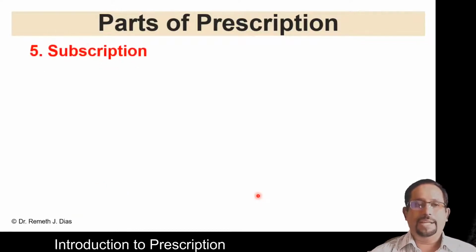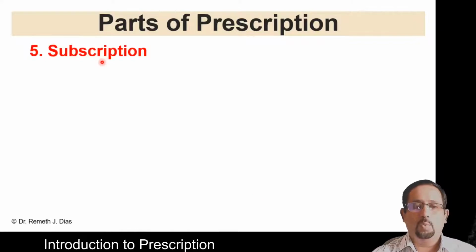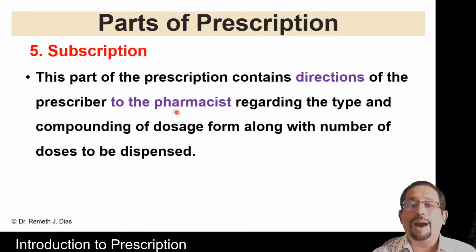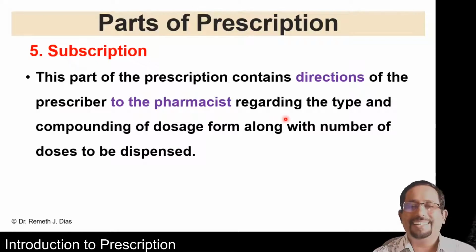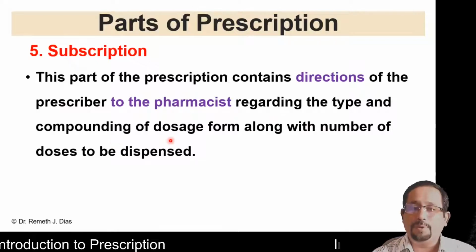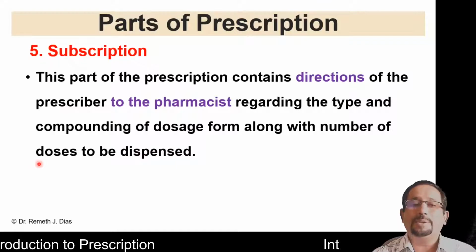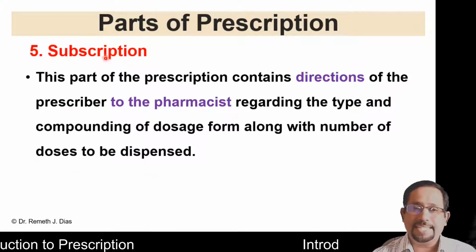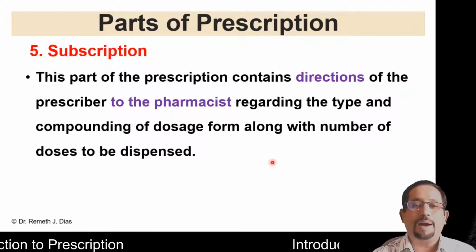Part 5 is subscription, which contains the directions of the prescriber to the pharmacist regarding the type of dosage form and how many doses to be dispensed. So, subscription is the directions given to the pharmacist.